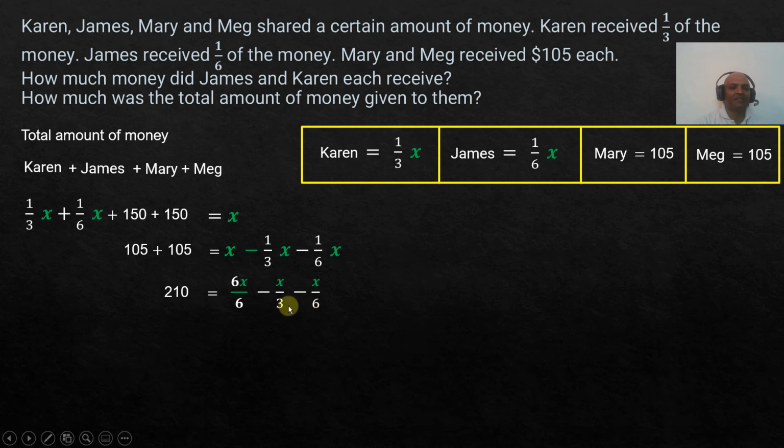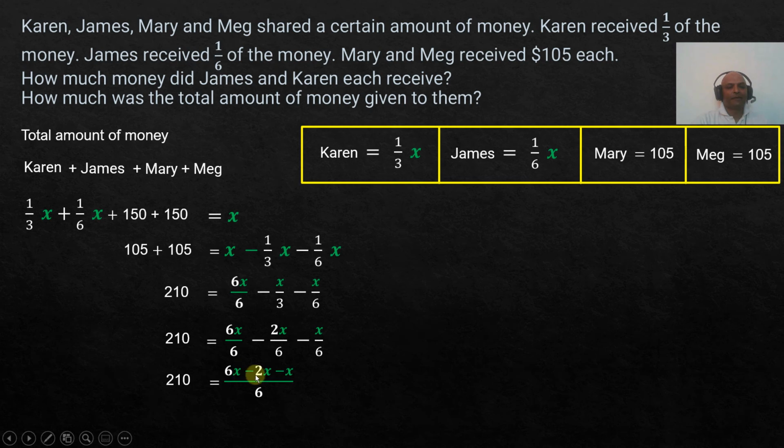So in this case we change it to 6 by multiplying both the denominator and the numerator by 2. So that becomes 2x, as you see here. So 6x minus 2x minus x, and since the denominators are all the same, we can just add or subtract the numerators. 6x minus 2x minus x, divided by 6, is equal to 210.